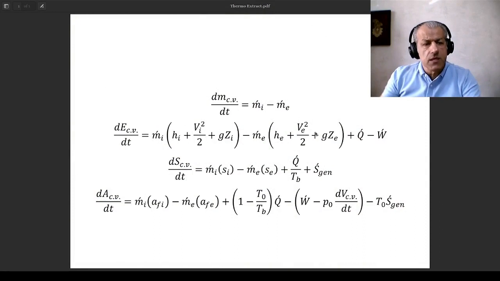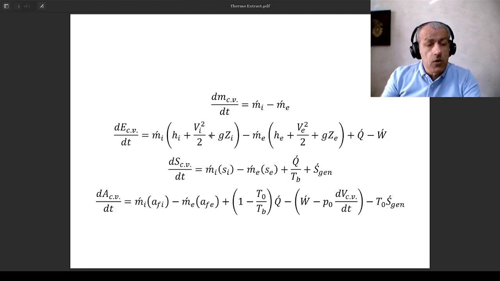And as I mentioned, since the problem is steady, this left-hand side is 0. Since there is no work, this term work is 0. And now for the steam and oil side, there are heat transfers. They would be equal, but with opposite signs. And there is mass that enters and mass that leaves.